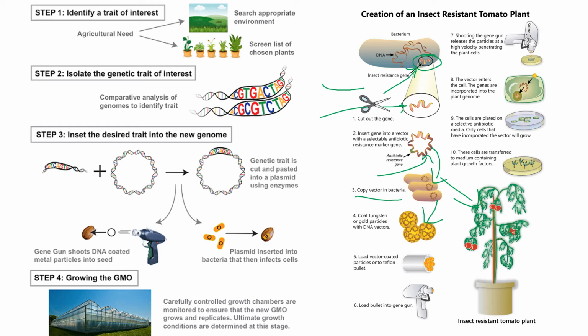These tungsten particles are loaded into the gene gun, a Teflon bullet, and this gene gun is then bombarded onto soft callus tissue developed out of tomato cells. So the tomato explant is grown into a callus mass, and we bombard the gene of interest onto those callus cells.